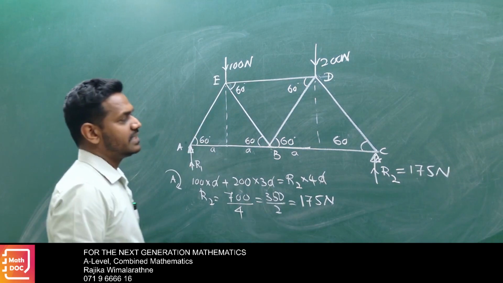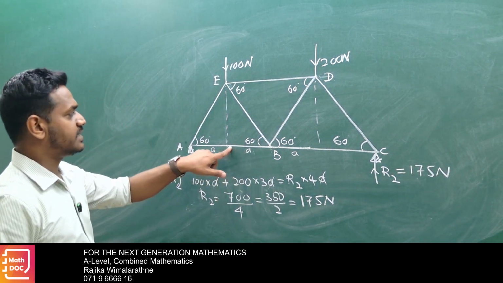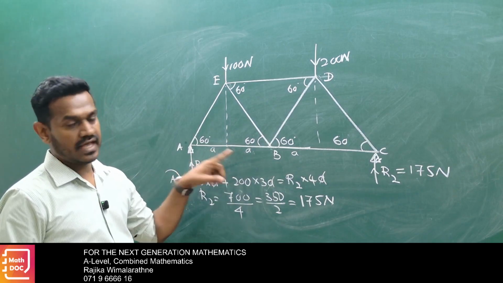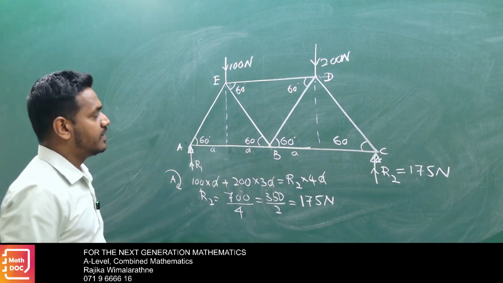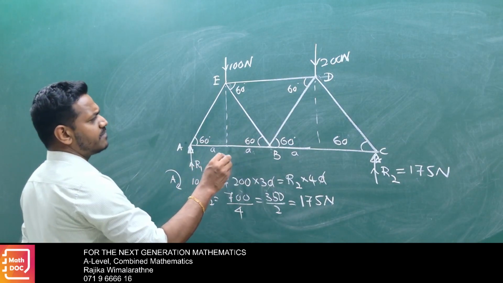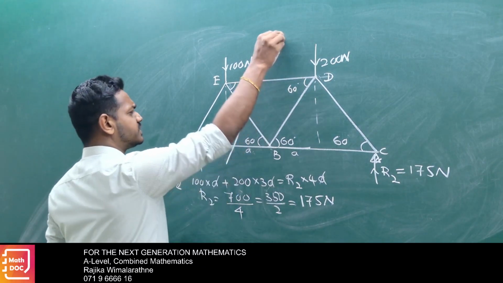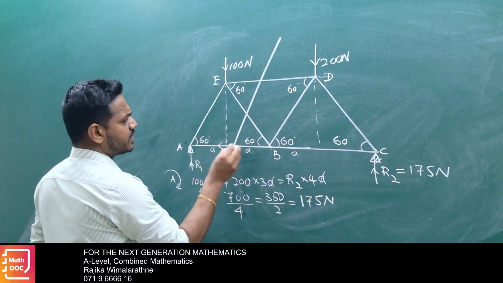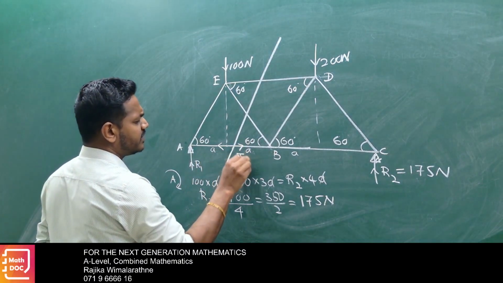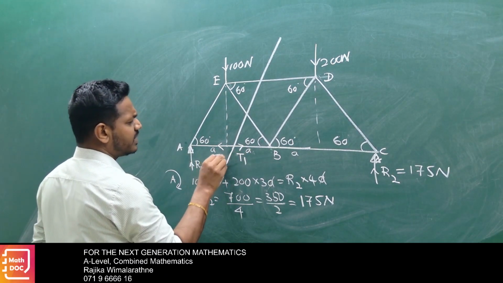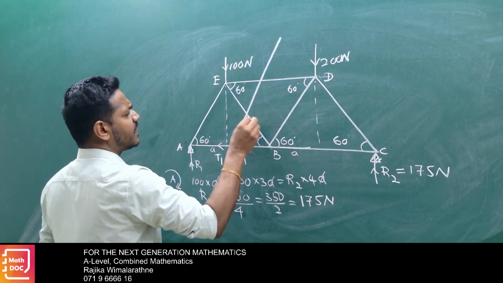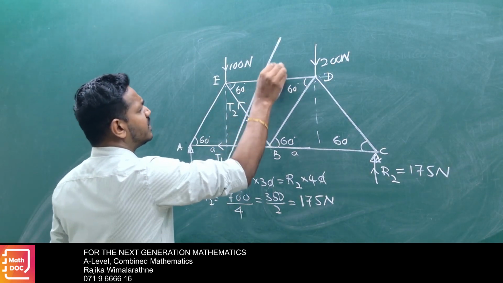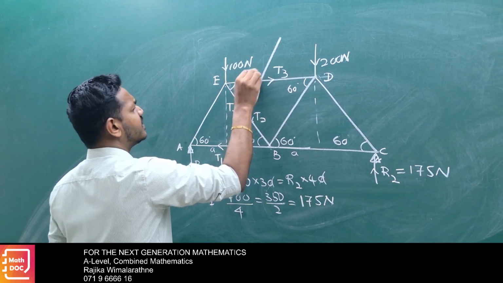So let's say we need to find the stress in rod AB. Then you sketch a line to cross maximum 3 rods. Then mark T1, here mark T2, T3.